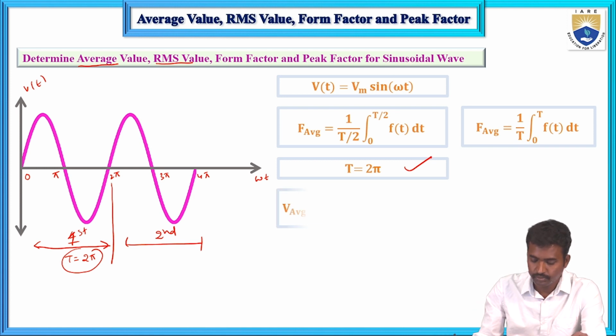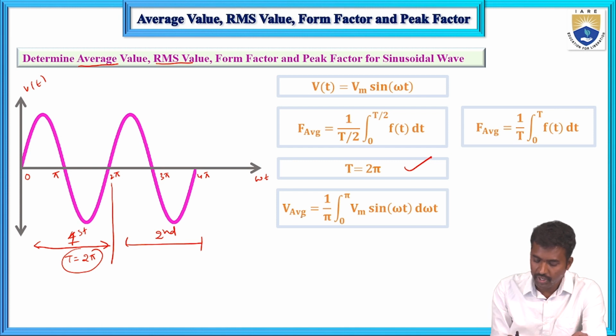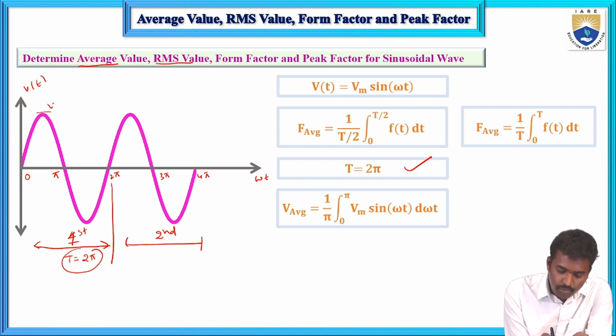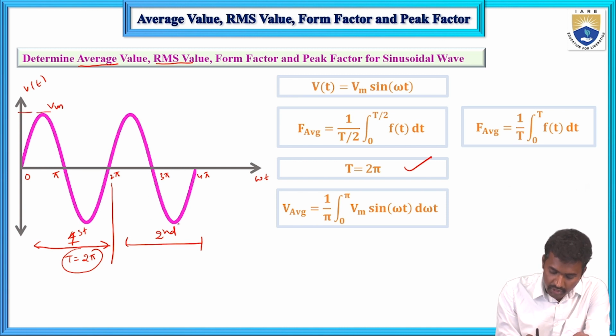So the average value equals 1 by pi, integral 0 to pi of Vm sin omega t d omega t. Here Vm is the maximum value of the alternating quantity, and this is minus Vm.